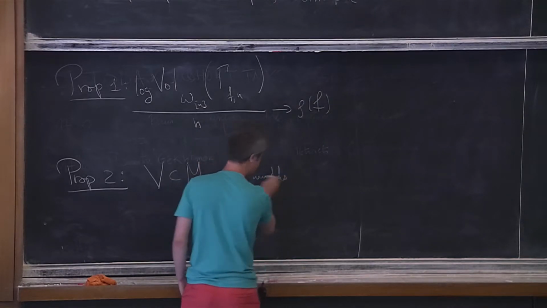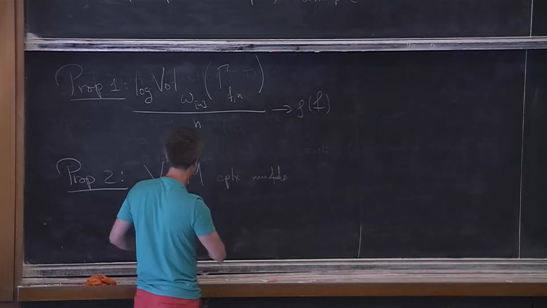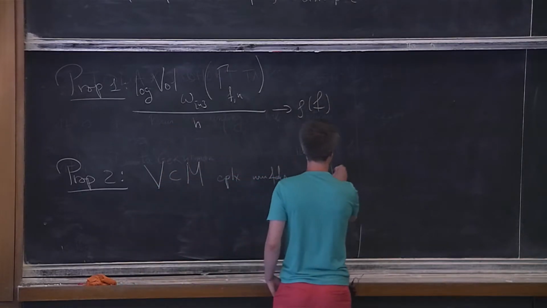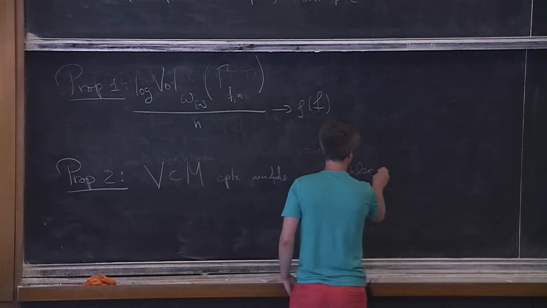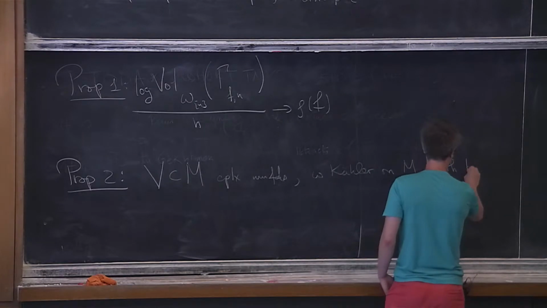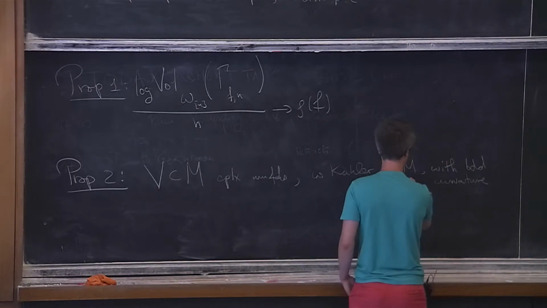So this is a purely local statement, but it's the following. You have a setup like this, and omega is a Kähler metric on M with bounded sectional curvature.